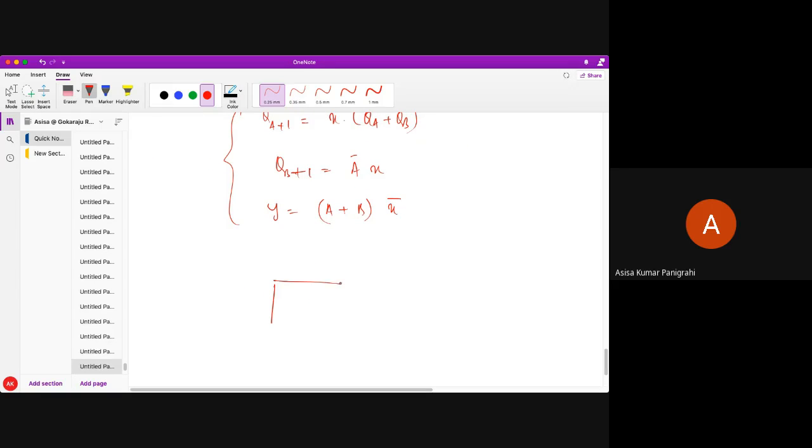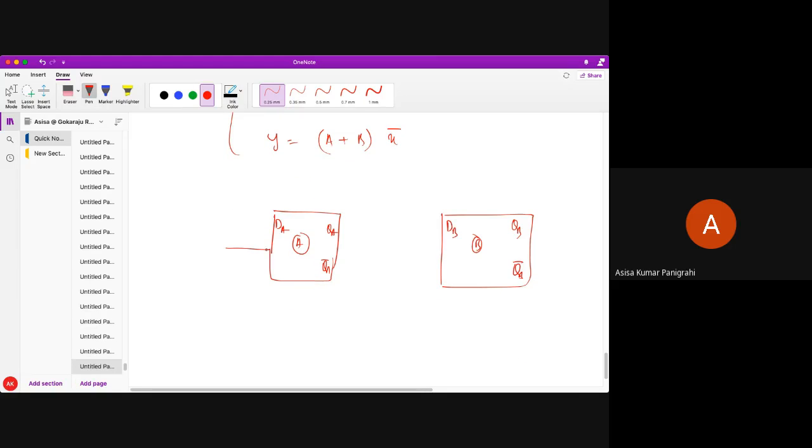This is with the D flip flop. This is D flip flop A, with DA, QA, QA bar, and this is D flip flop B, with DB, QB, QB bar. Here you can see this is my clock pulse, the synchronous clock pulse.